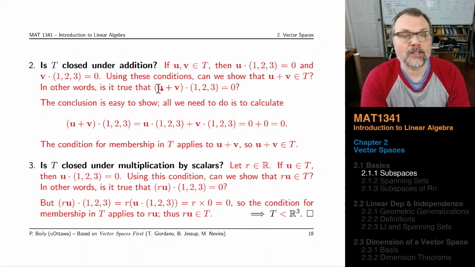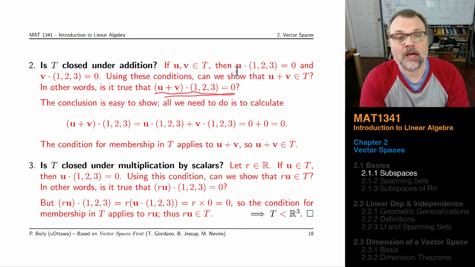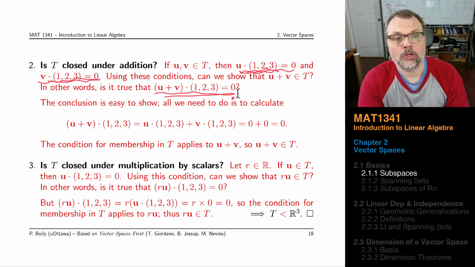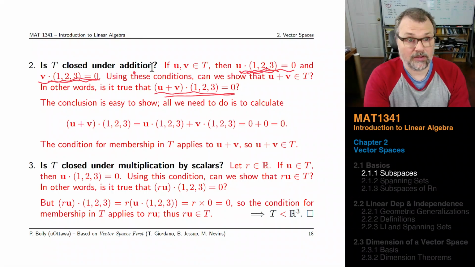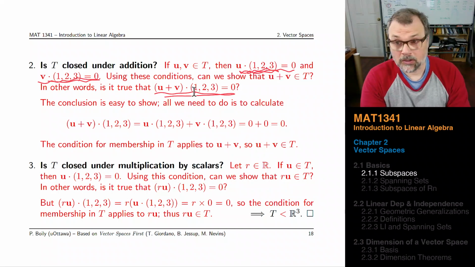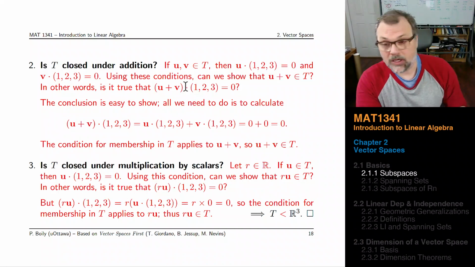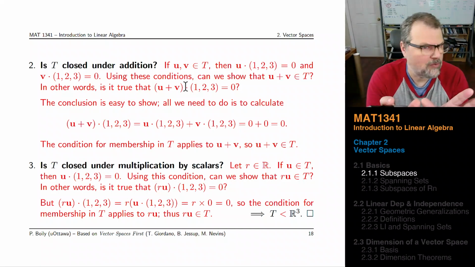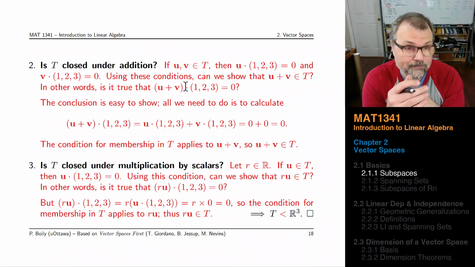This is what we want to show, and we'll show it using the hypotheses, the assumptions, which are here. If you show the conclusion is true and you don't end up using the hypotheses, there's a good chance that you've muffed something up. You should be using these assumptions to show the conclusion is true. Otherwise, there's no link between the hypothesis and the conclusion. Now, that happens every once in a while, but in general, that's not going to be the case.